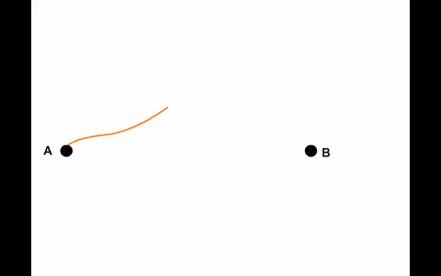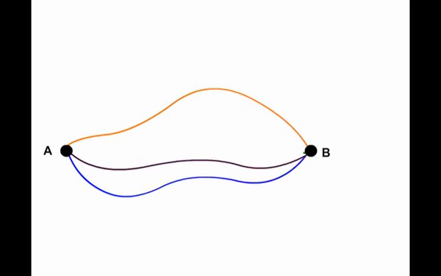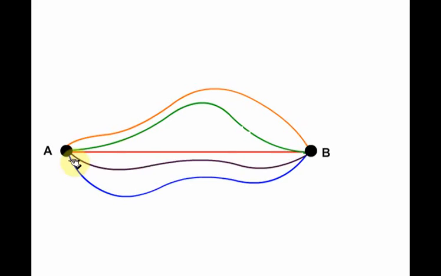So let's see this animation first. So as you can see here, the distance between 2 points A and B may vary according to the path being used. So like for the path which is represented by the blue line, the length of this path will be different from the path which is being represented by the green line.